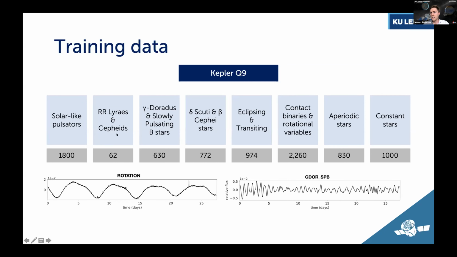All of those stars, except for the constant stars, are real data, so it's all from Kepler, in order to really capture the instrumental characteristics and get a good idea of the accuracy that we will in the end get. You'll see that the number of RR Lyraes is a bit lower here, but this is just because not too many stars of this type were observed by Kepler.